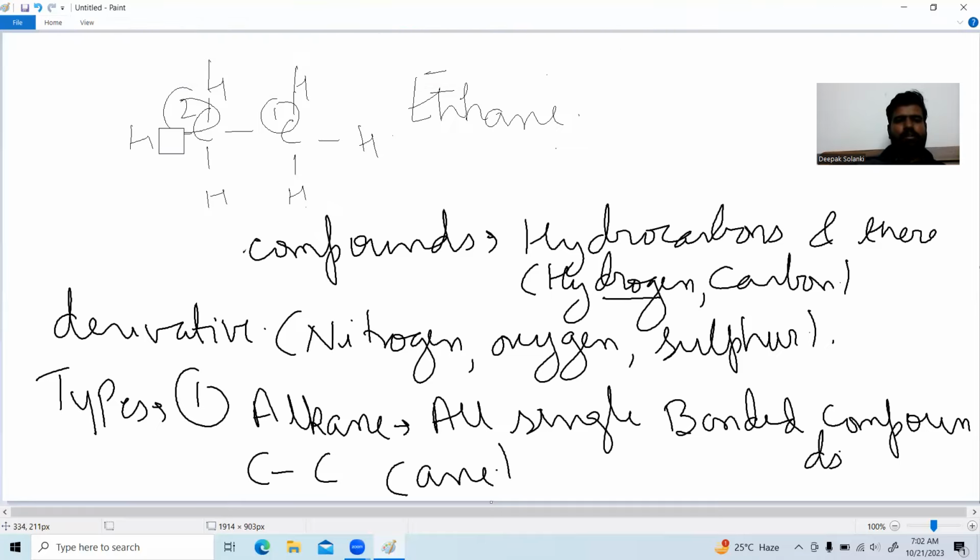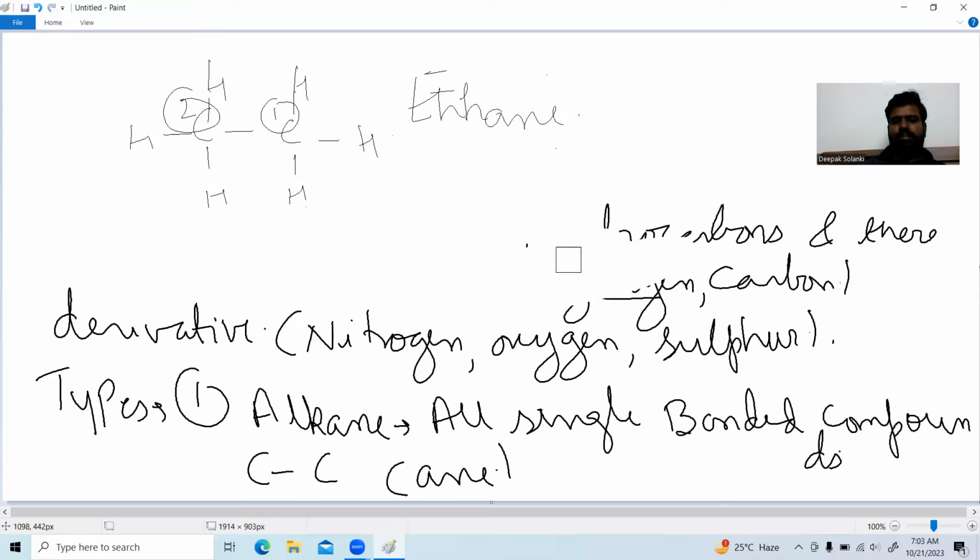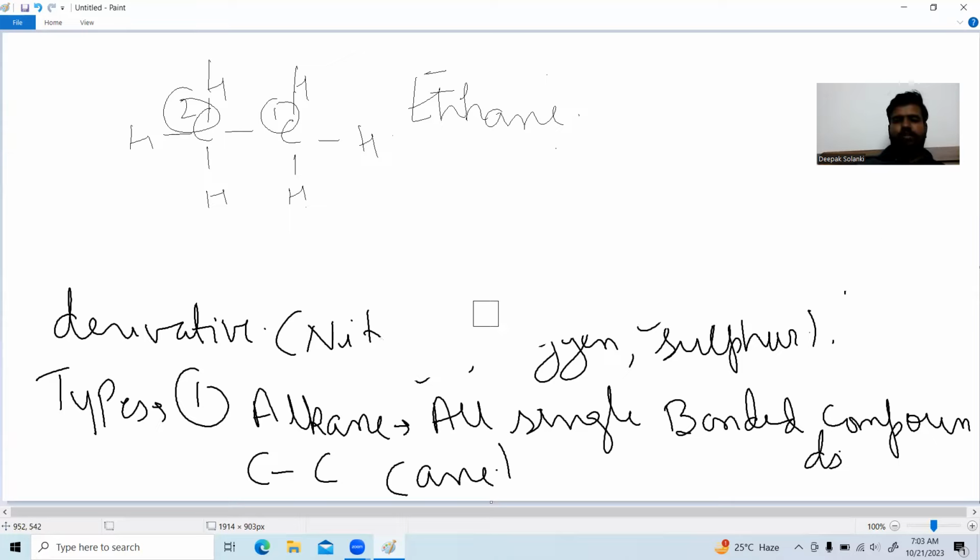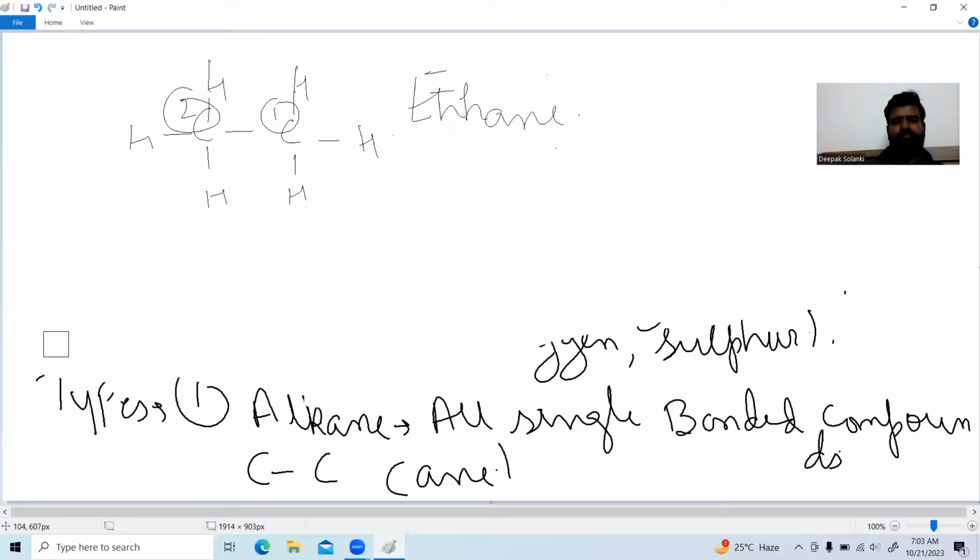So according to the carbon chain, we can write the prefix, and we can write the IUPAC name of the compounds. IUPAC means International Union of Pure and Applied Chemistry.